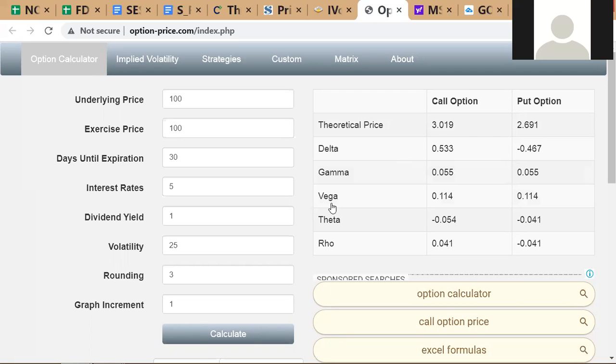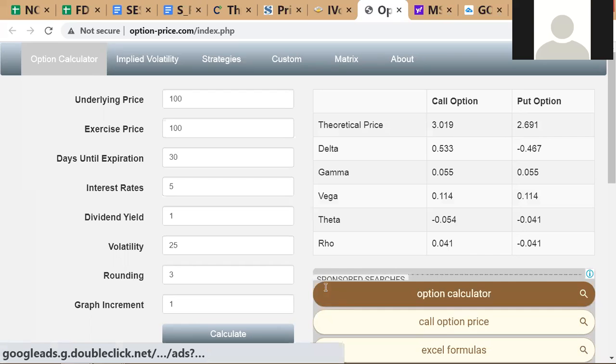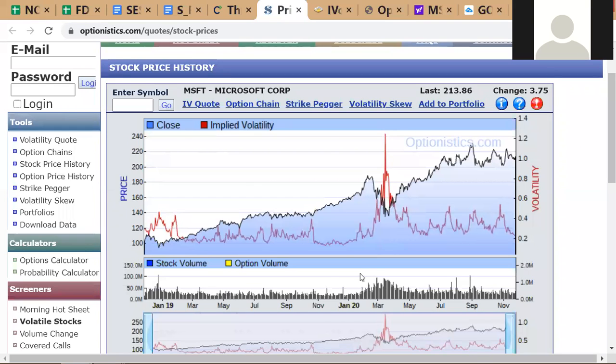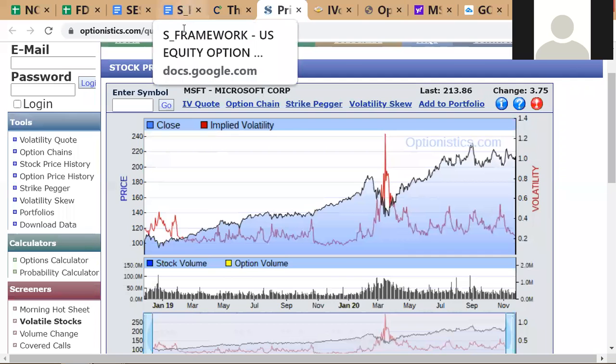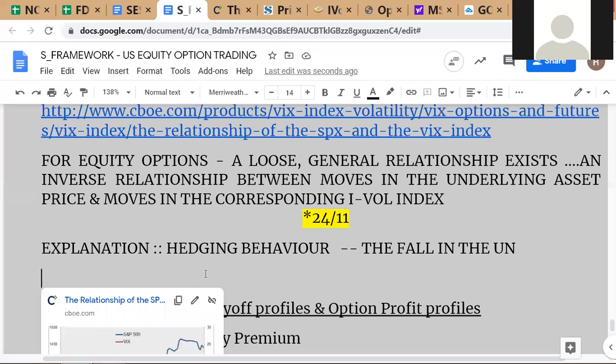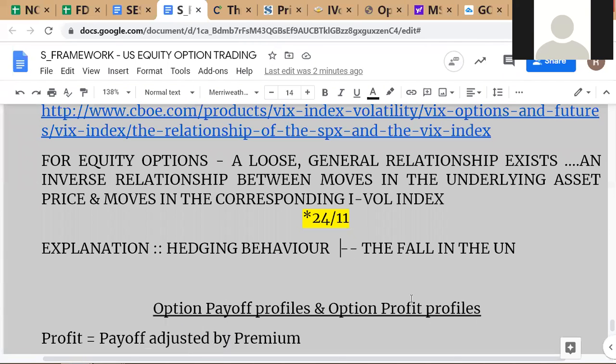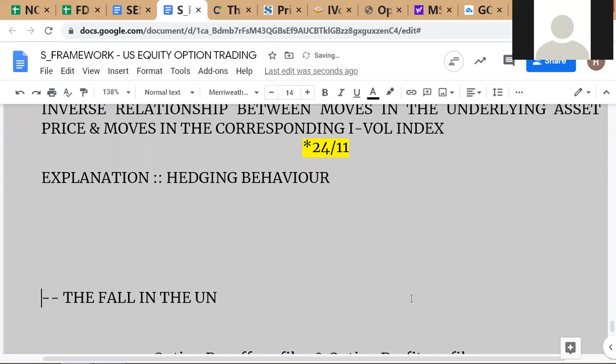So the logic is like this: as equity prices start to decline, the investors... we should understand this whole thing in detail, so make sure we understand this. The explanation lies in hedging behavior.